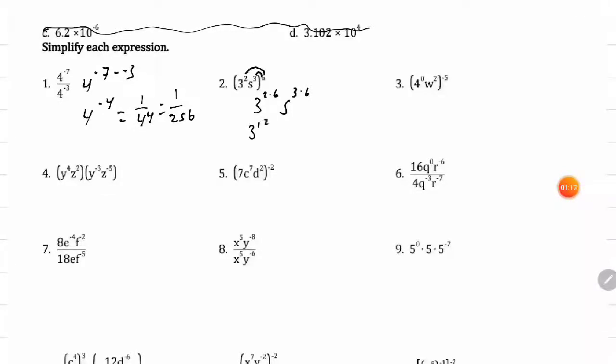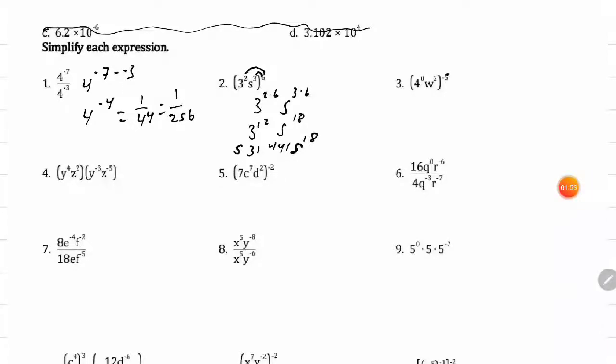So this is 3 to the 12th, s to the 18th. 3 to the 12th power, punch that into the calculator, and I think it is 531,441. And then s to the 18th power. So that's an s at the end there. So once again, that's 531,441 s to the 18th.